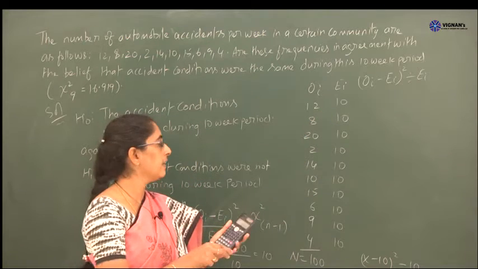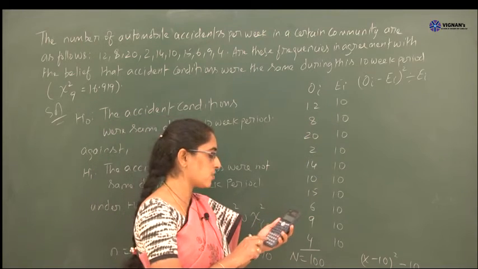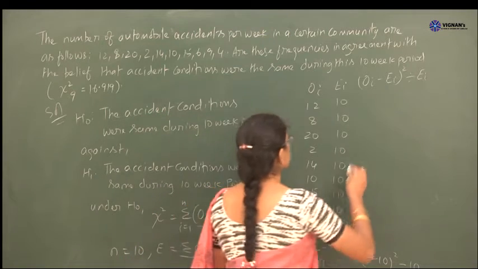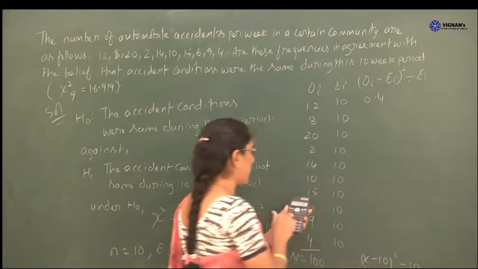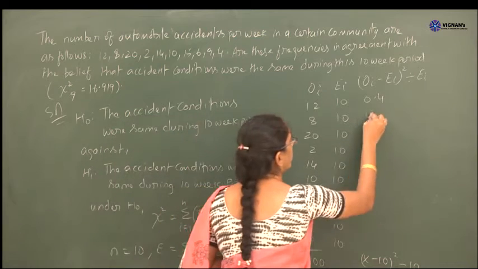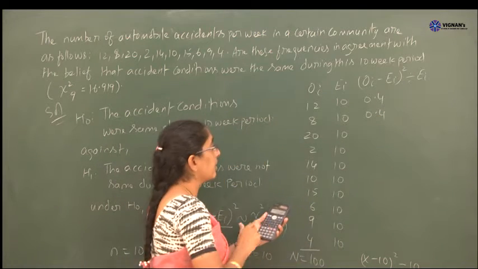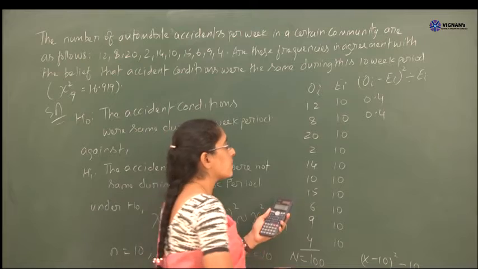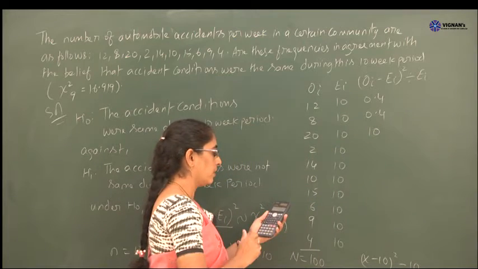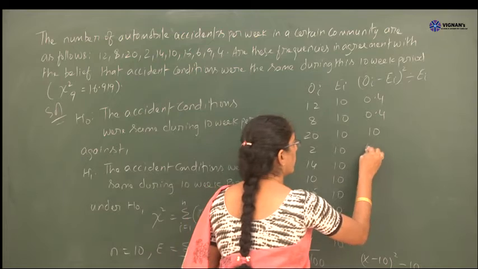Now press calc, it is asking the x value, it is 12. Plus equal to, you will get the answer, that is equal to 0.4. Now again press calc, 8, 0.4. Now calc, 20, so it is 10. Next, 2, the value is 6.4.